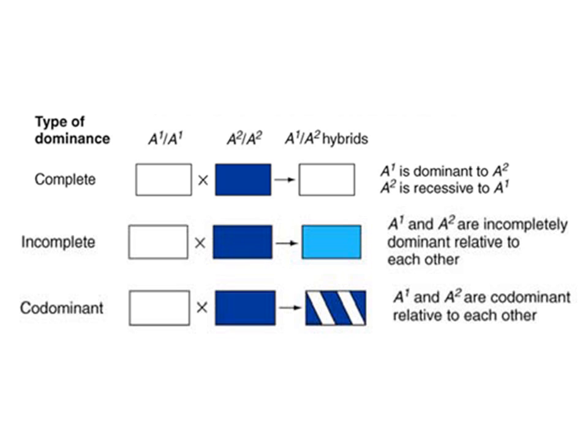So when we're talking about dominance, you can either have complete dominance, which would be the case that we saw for Mendelian traits. You can have incomplete dominance or codominance. If it's complete dominance, what we'll see is when you cross one parent with another parent, if all the offspring for that particular trait look like one parent, then that is an example of complete dominance.